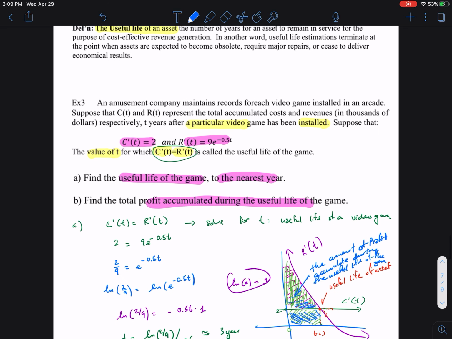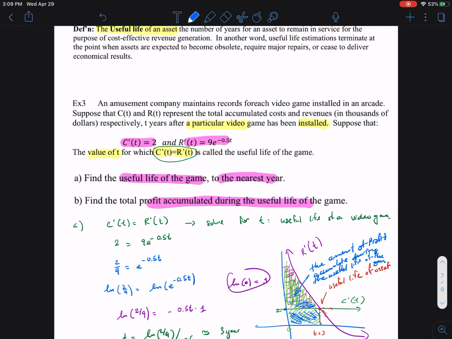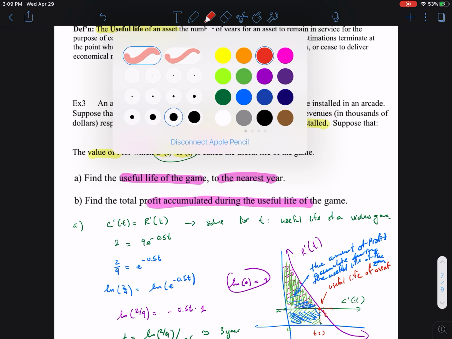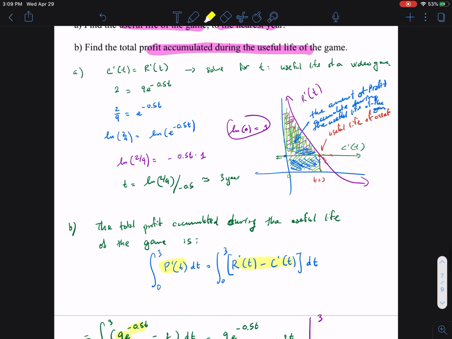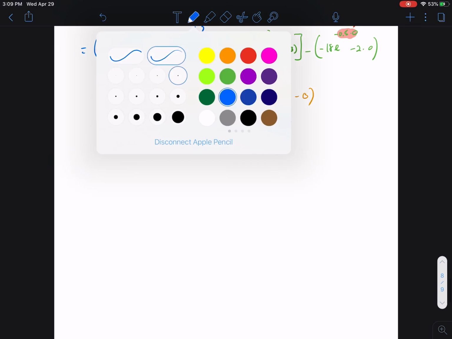But the revenue and the costs are in thousands of dollars. So we have to multiply the value by 1,000 to have the correct answer.